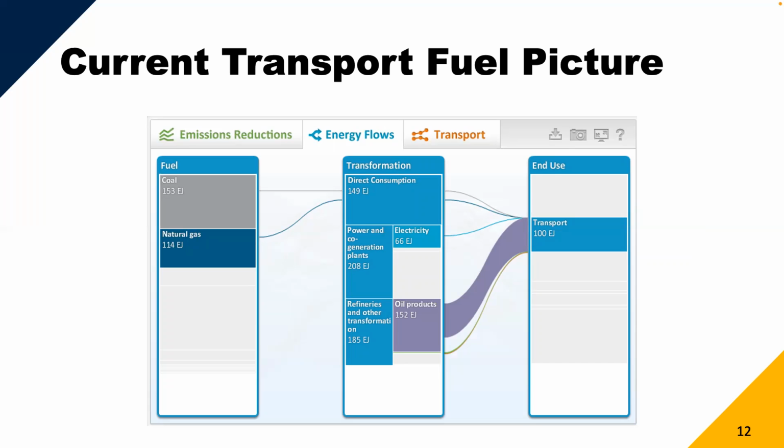For direct consumption of, say, natural gas, that is a relatively small amount, as well as electricity, compared to the size of this part, right, which is oil. So the vast majority of transport is coming from petroleum-based products.